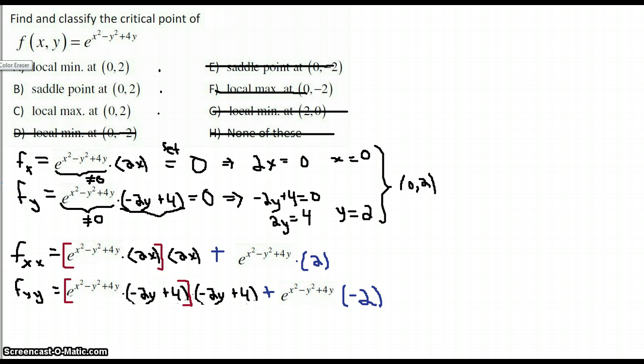And then finally we need a mixed partial, and that's going to be f sub xy. Sorry. So take your f sub x partial and then take its derivative with respect to y. Okay. Product rule again.